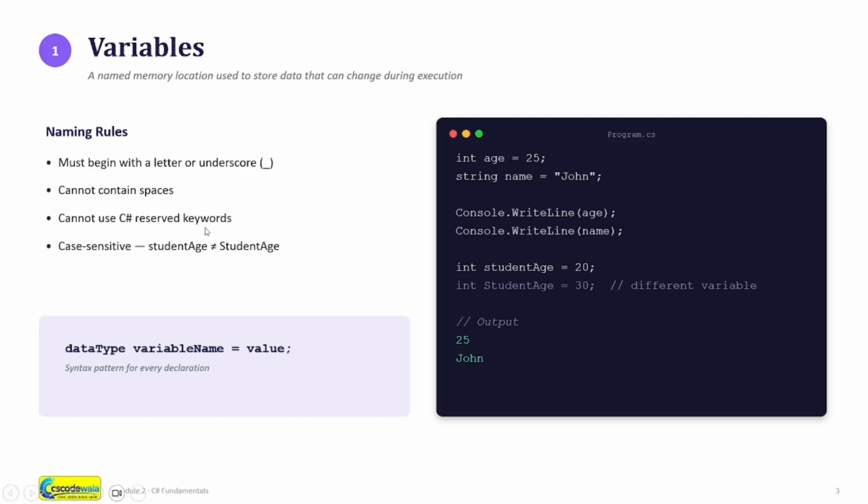So student age and Student age: here the s is in a small letter and here the S is in a capital letter. So this one is different.